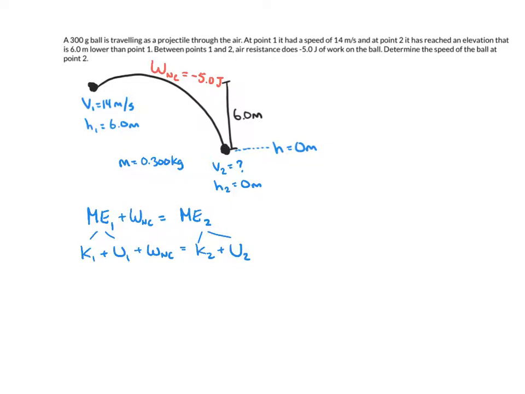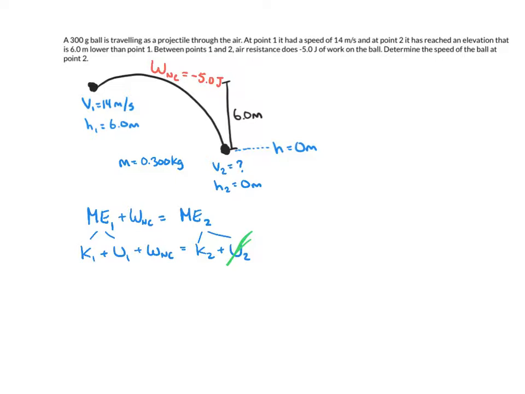A lot of times I'll just go right to the U's and the K's. It's up to you. And now I'm going to cross out anything that is 0. In this case, I believe my U2 would be 0 because my height at point 2 is 0. Okay, I think that's all that's 0.